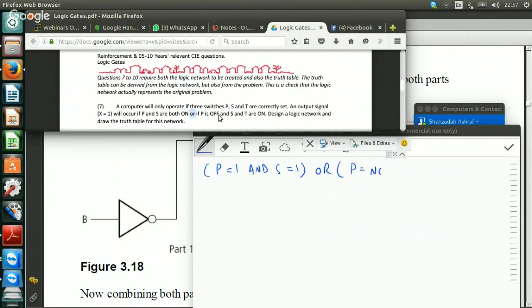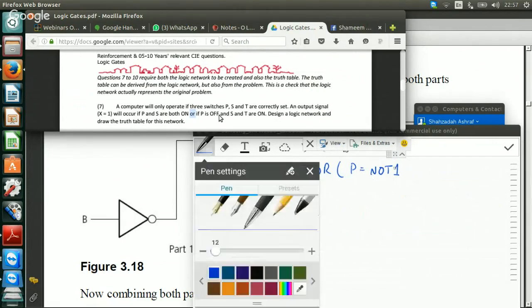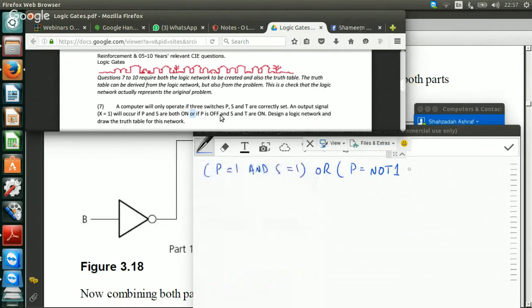Definitely, what happens in binary? If it's not 1, it means it's 0. The reason for writing not 1 is that when we make the circuit, it's going to make more sense. So P is 0, or you can call it not 1.